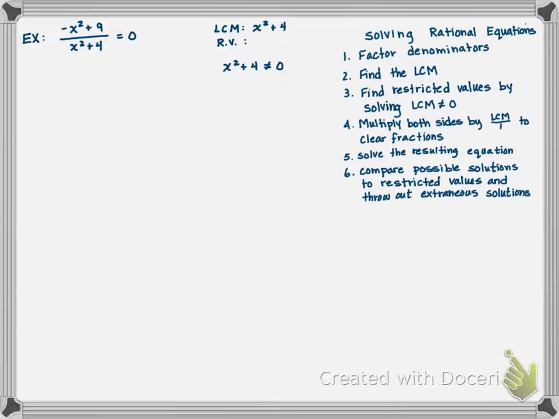Square root it. So I can't take the square root here. You have to subtract 4, so I could get x squared alone. So x squared equals negative 4. And this works here because there's no middle term, right?